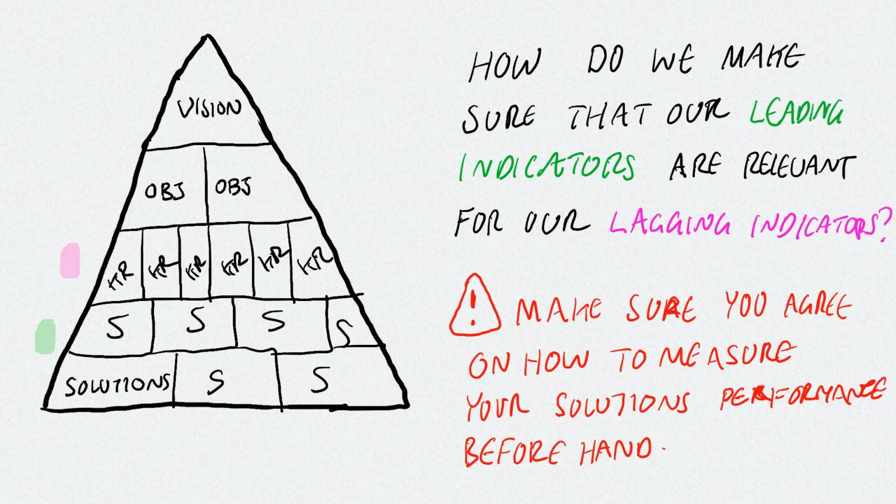And how do they move the needle on your OKRs? On the ground, following this last step usually comes down to how well you plan your tracking within your team. Assuming we all understand what we're trying to measure. So if you understand what you're trying to measure, you can make sure that your leading indicators are relevant for your lagging indicators.